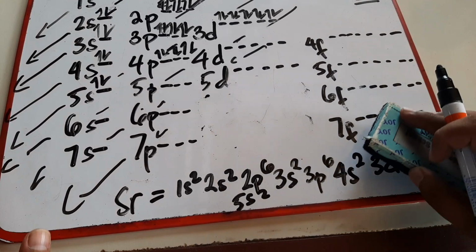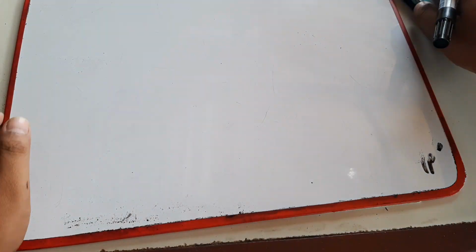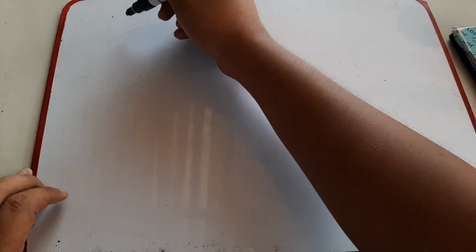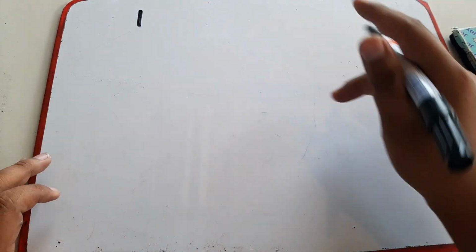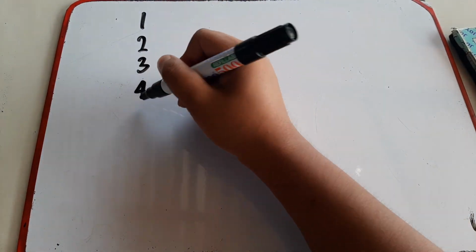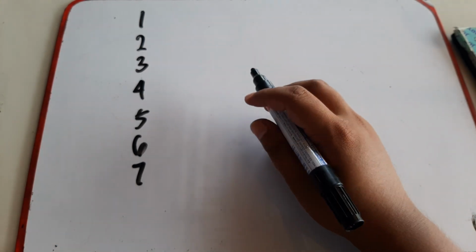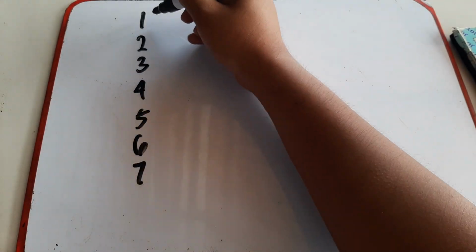This time, let's clear this one. Alisin na muna natin yung mga undesirable arrows because I know we already know where it will go. So we can create our Aufbau principle without memorizing it. Again, we create 7 subshells because we know that there are 7 main energy levels.